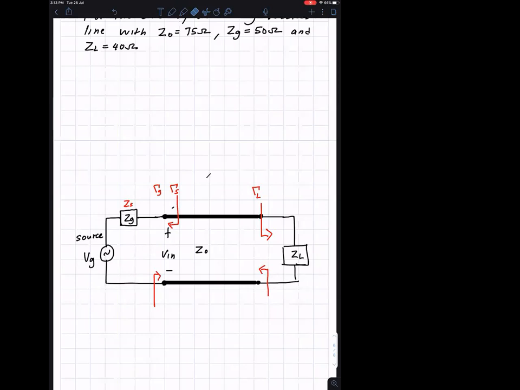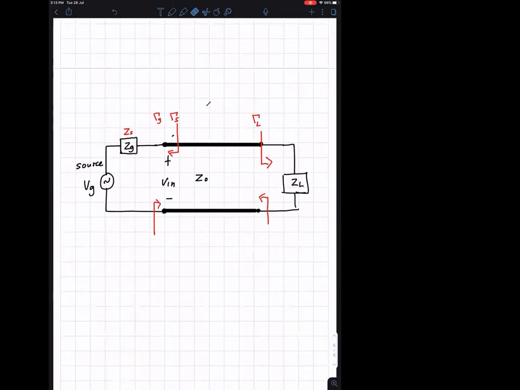Z in or ZG, we use whichever. P in is the power that's entering the transmission line.